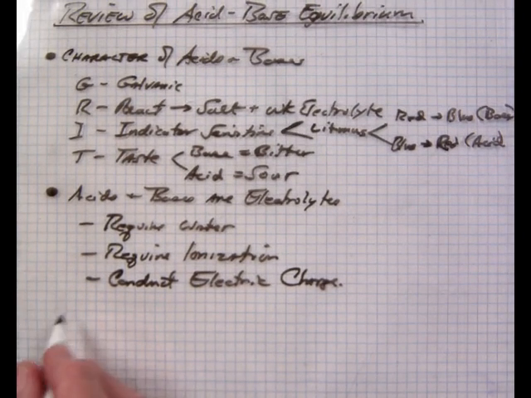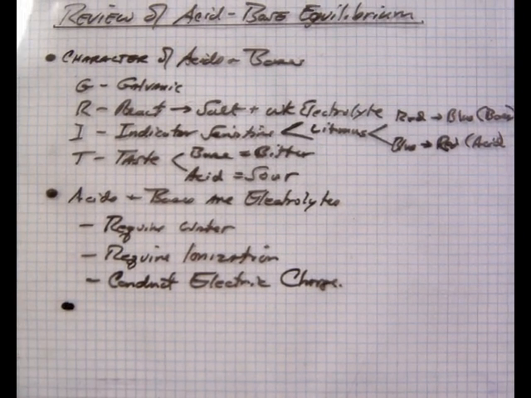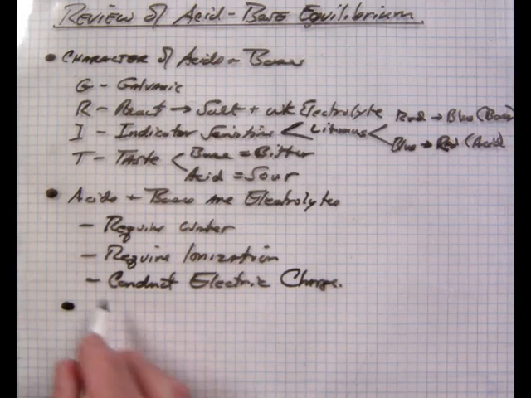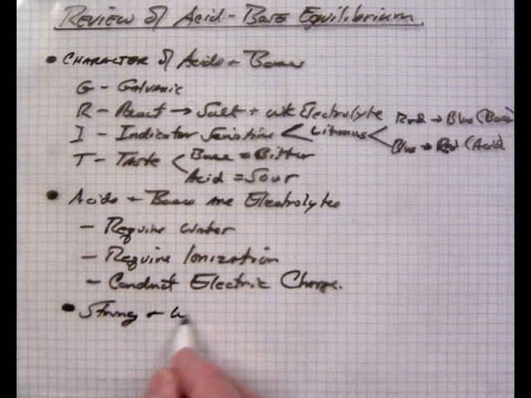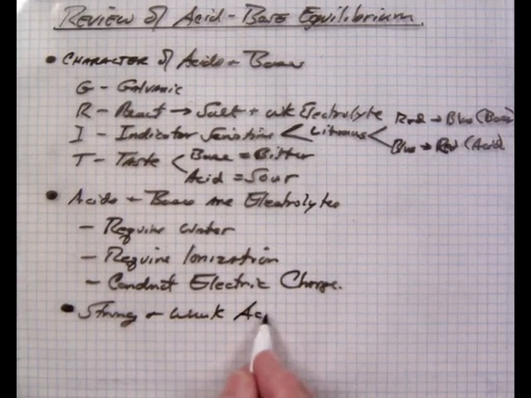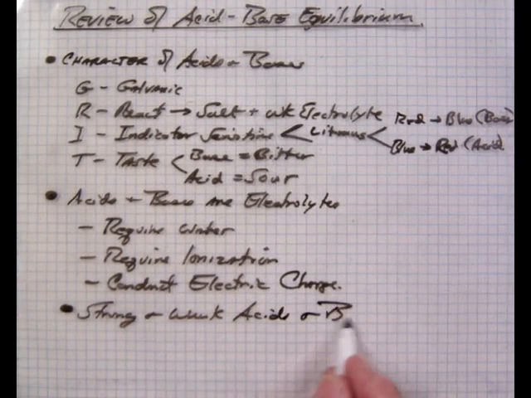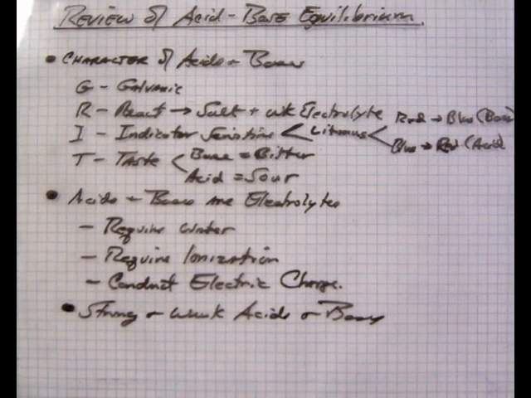Okay, now strong and weak electrolytes in terms of acids and bases, it's very important that you have these down in terms of, well, what are they? Well, they're electrolytes, and by definition, an electrolyte that ionizes 100% is called a strong electrolyte, and then a weak electrolyte doesn't ionize 100%.